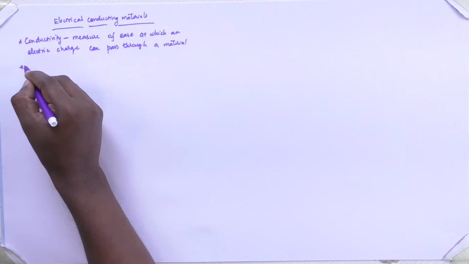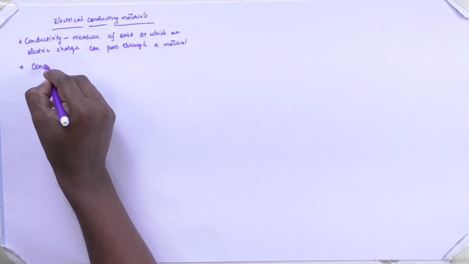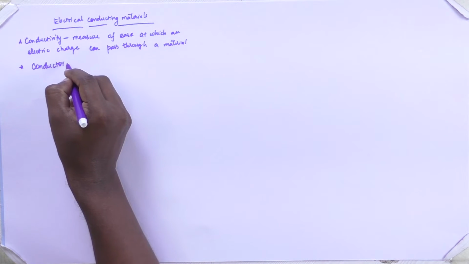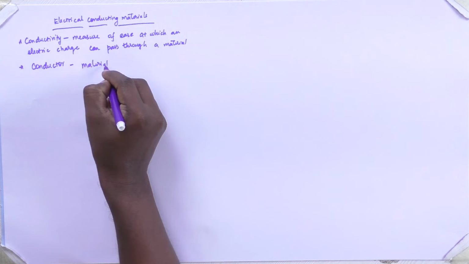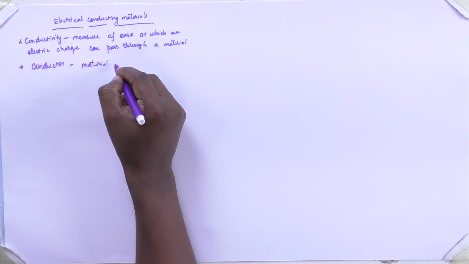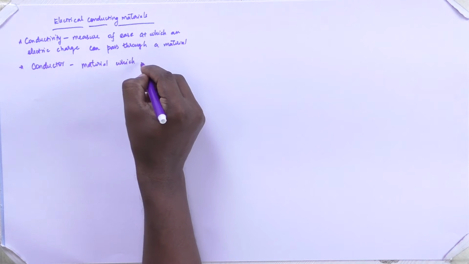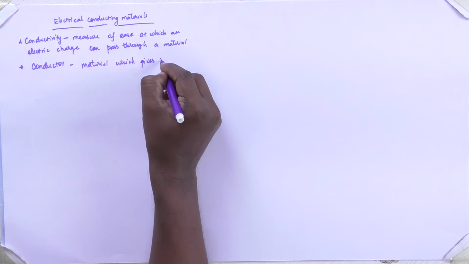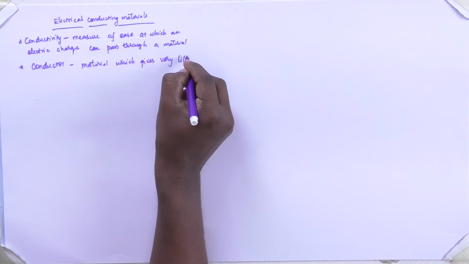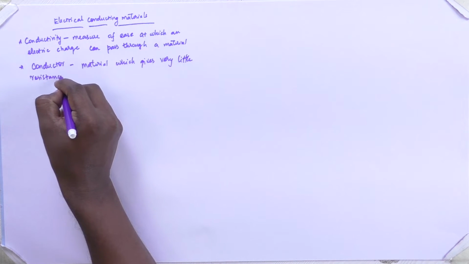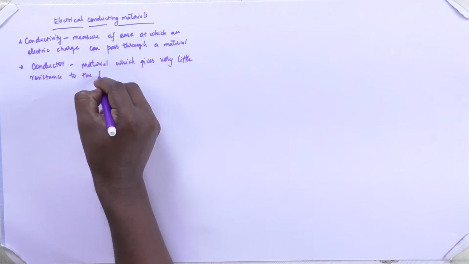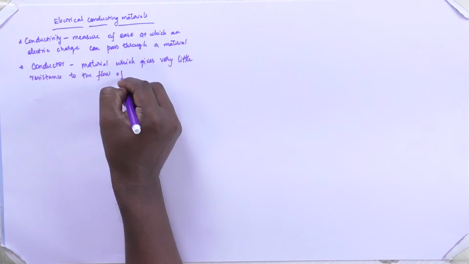And next we need to know what a conductor is. So conductor is a material which gives very little resistance to the flow of electric charge.